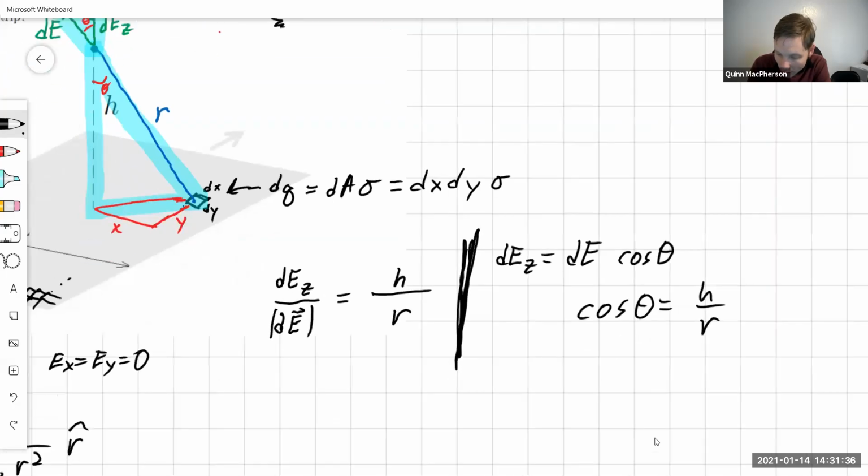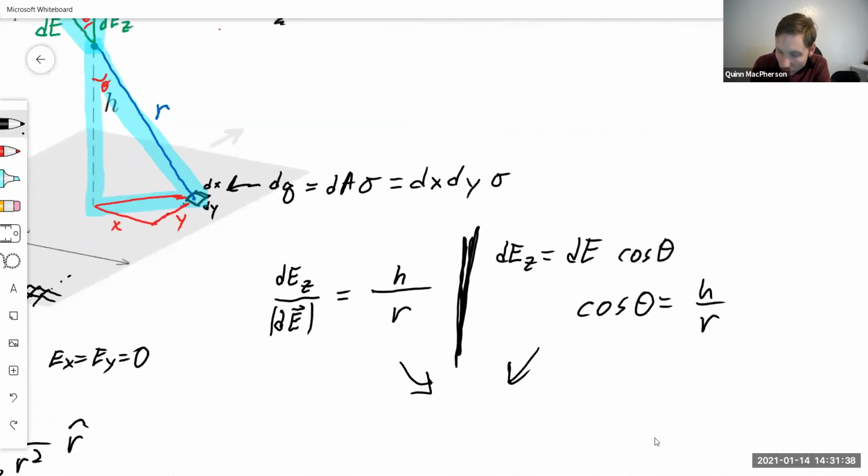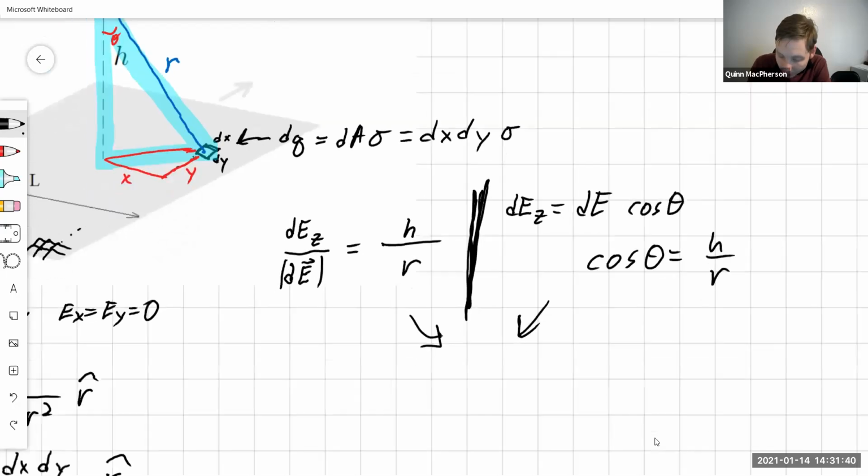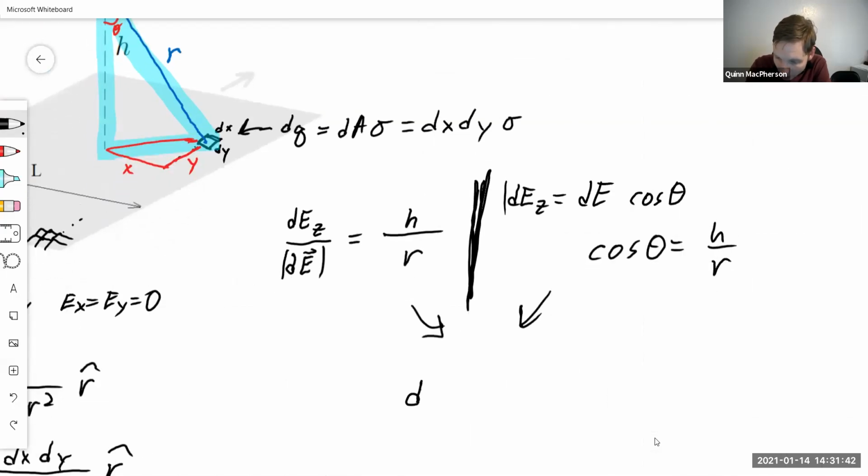Either way you do this, you conclude that dEz, the z direction, with a magnitude there, is the entire magnitude of dE times h over r. So two different methods: you can use trigonometry or just similar triangles, and you get this thing here.